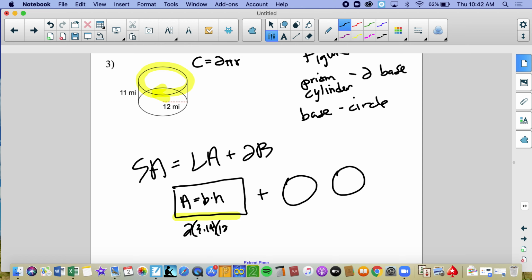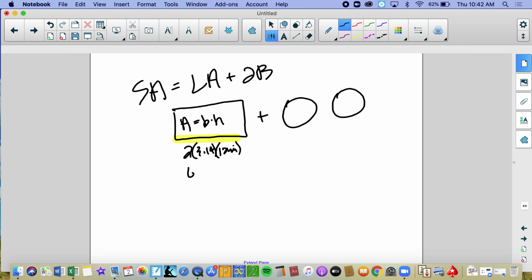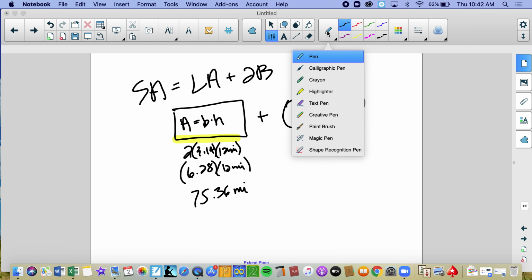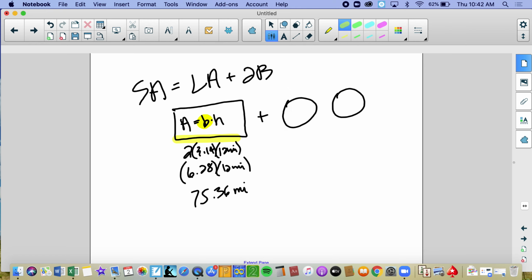And the radius is 12 miles. So that's 6.28 times 12 miles, which gives me 75.36 miles. Not squared, that's just miles, because we're only talking about the base.